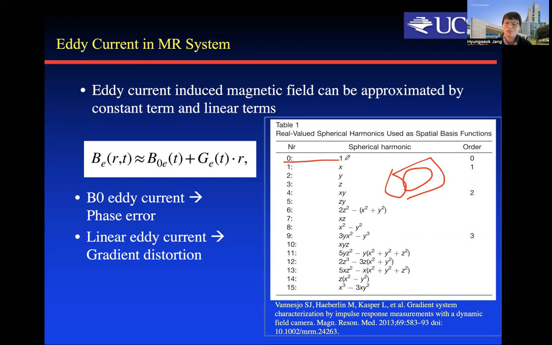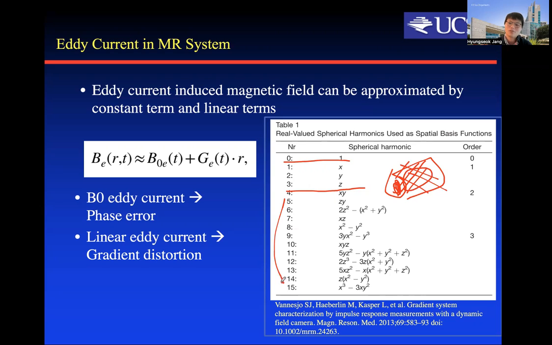The zeroth order means that in the space you have a constant change of your magnetic field, and then the first order term generates a linearly changing gradient in the space, x, y, z. It just looks like a gradient, right? Gradient field in the MRI system.